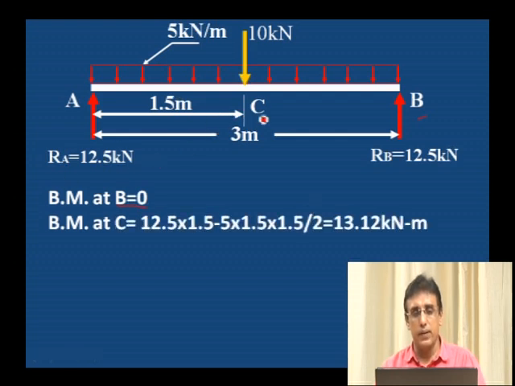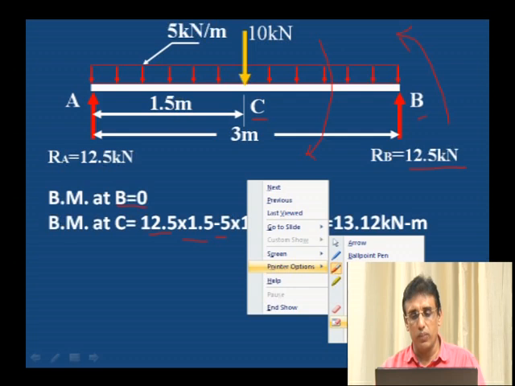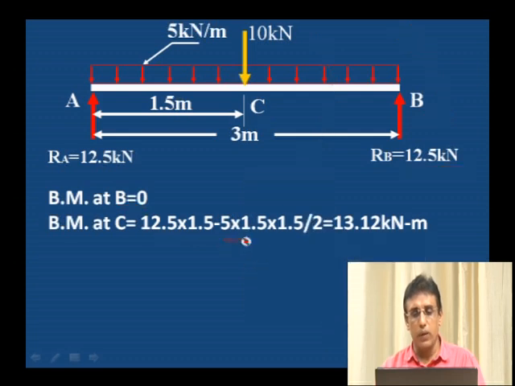Bending moment at C, the center point, is 12.5, the reaction at the right side, into 1.5, the distance from C to B; the moment is anti-clockwise. Then minus the moment due to load, which is clockwise, that is why it is negative: 5 kilonewton per meter into the distance 1.5, the right half of the portion, and this uniformly distributed load acts at the center of 1.5, that is 1.5 divided by 2.